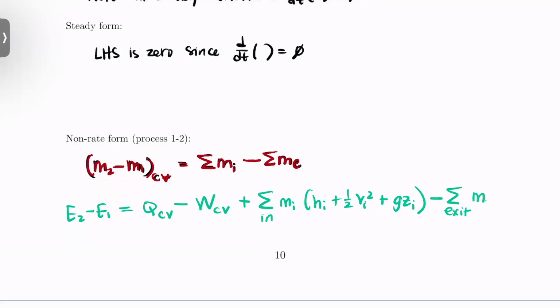So we have ME times HE plus 1/2 VE squared plus GZE. Okay.